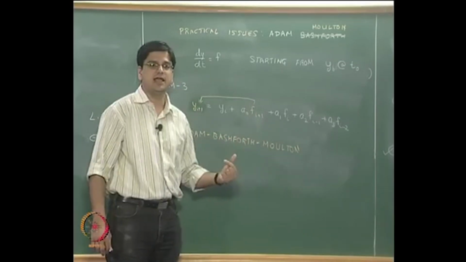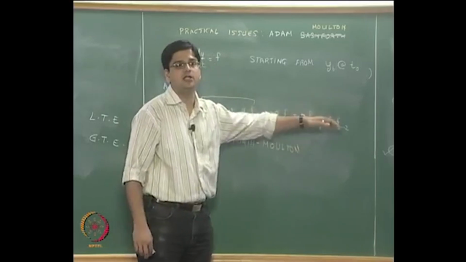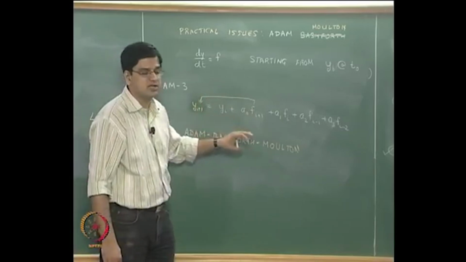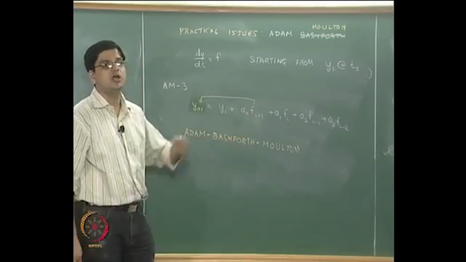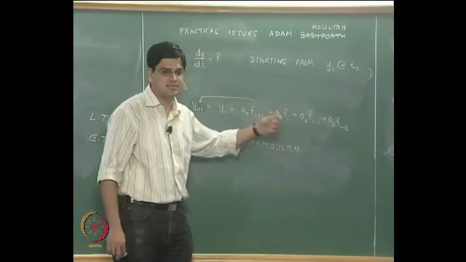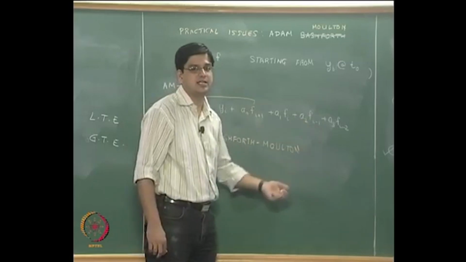That is, in the implicit Crank-Nicolson method we need to solve this equation repeatedly until convergence is reached. On the other hand, in the predictor-corrector method, what we do is we use a predictor equation, and this particular equation is used as an expression that ends up being the corrector equation.